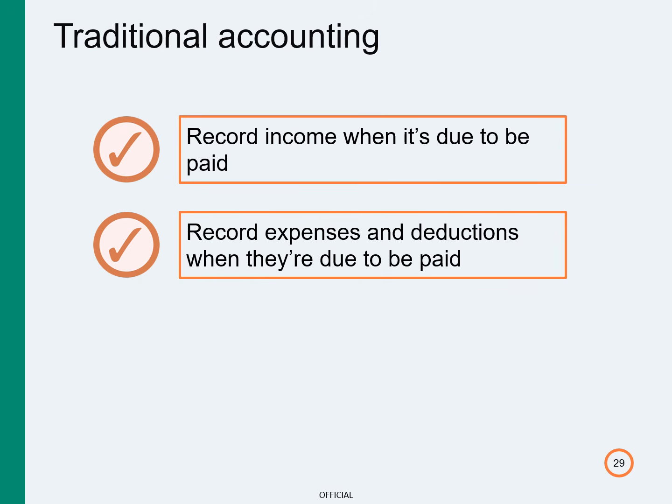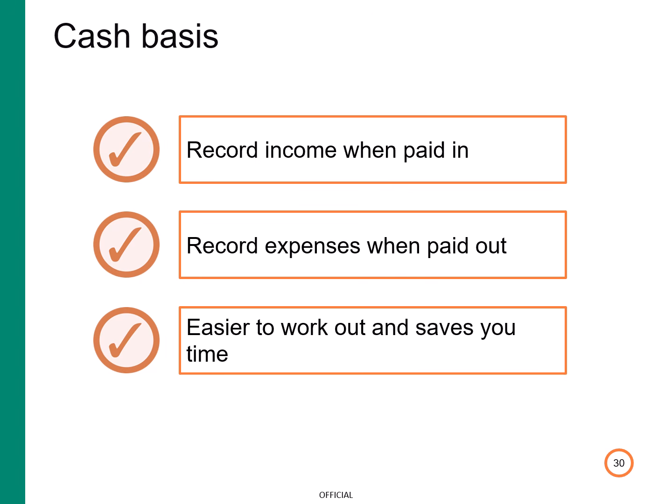With traditional accounting, you record income when it's due to be paid, even if it's not paid to you, and you record your expenses and deductions when they're due to be paid, even if you don't pay them at that point. With cash basis, you record your income and expenses when money is paid in or paid out. This will be easier to work out and save you time.